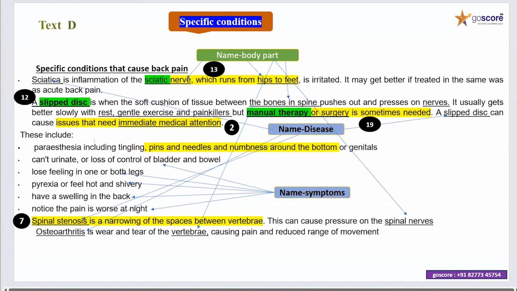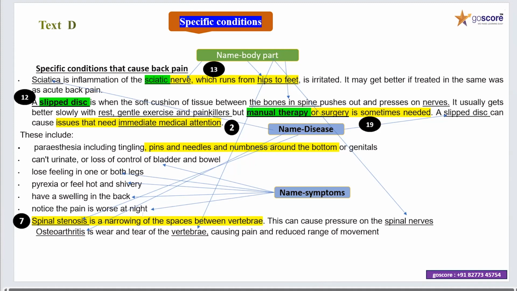So the answer will be slipped disc. Don't write paresthesia; it's under slipped disc. Whenever you are writing, please copy and paste the answers, see the spelling, and write it in your answer booklet.